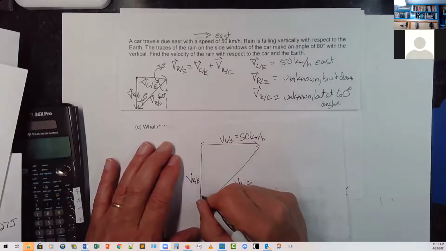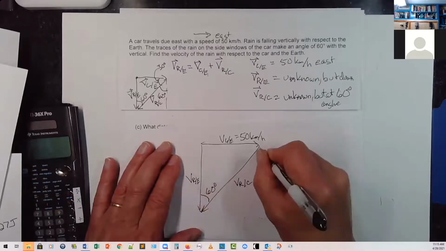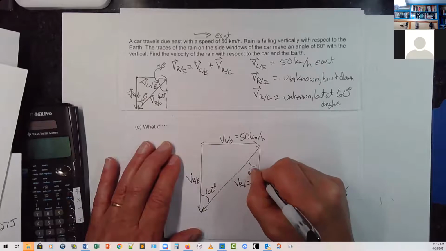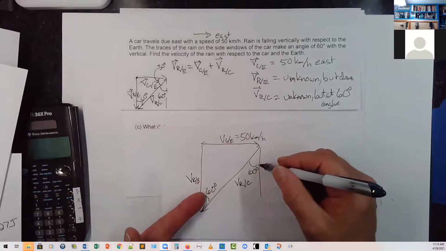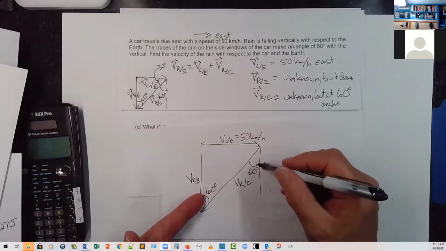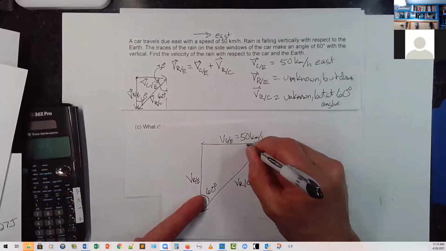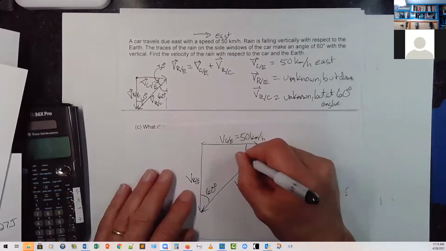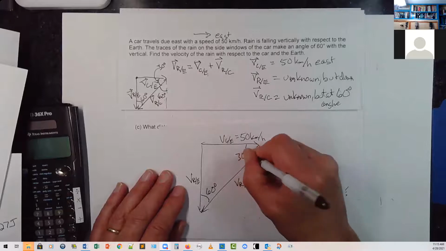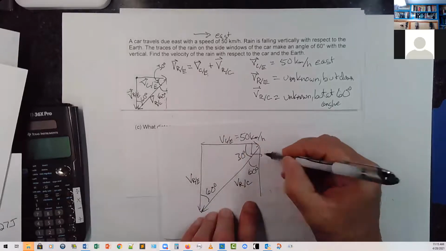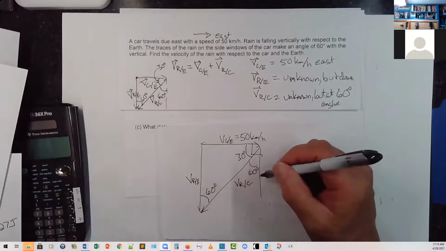And this is a 60-degree angle, this was 60 degrees too. Let's see, in that case, these might be alternate interior angles. I forget the geometry term for those things, but anyway, this is a right angle. And so if this is 60, that's 30 degrees.